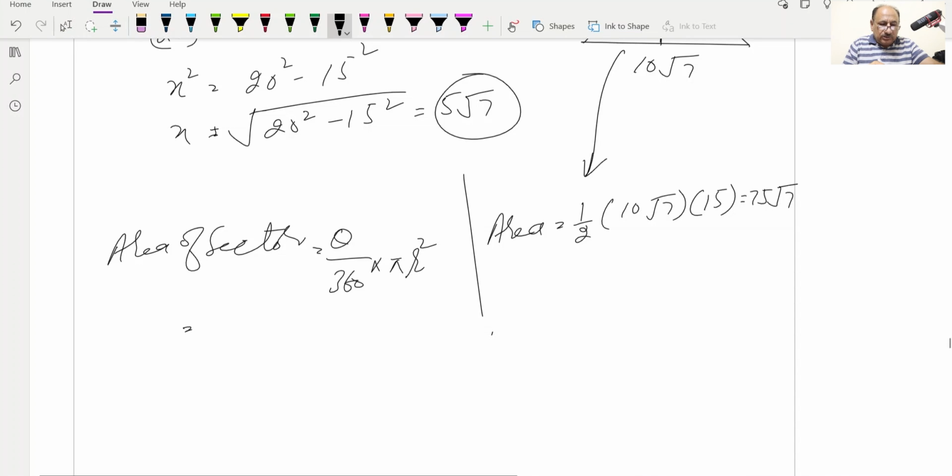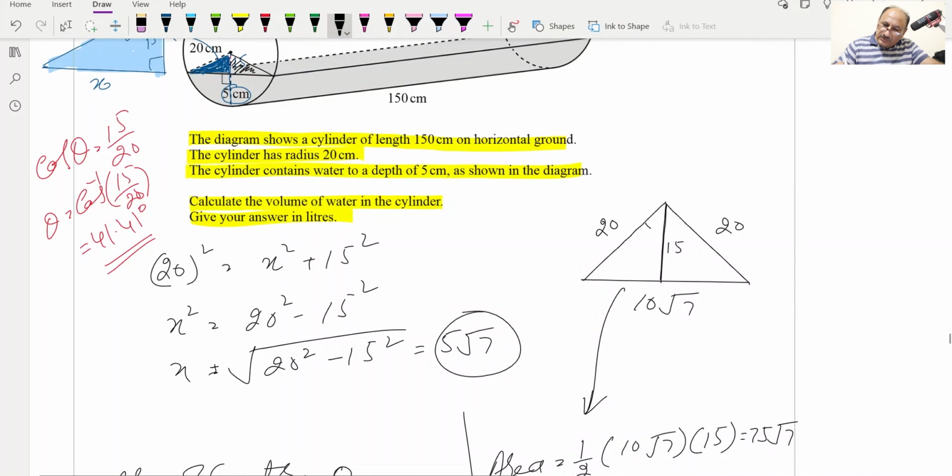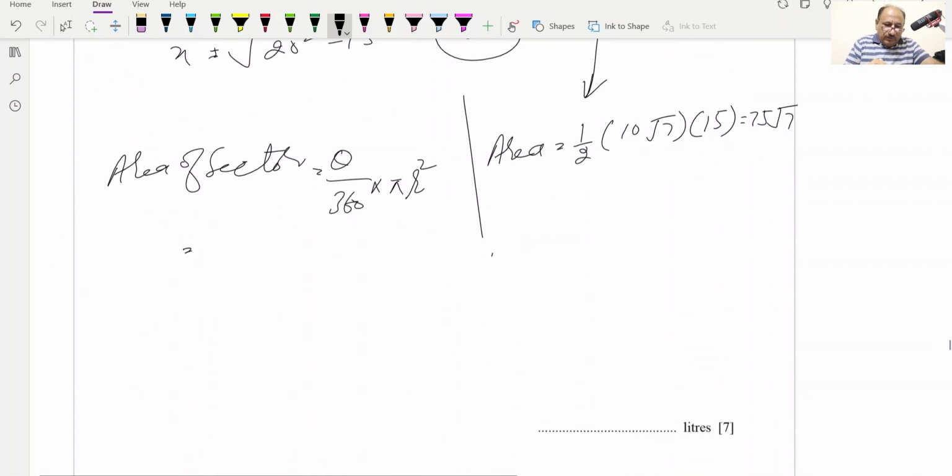So we can write double of theta, because this angle is 41.41, so this angle is also 41.41. The combined angle will be 82.82. Hopefully you understood why we are writing this. So 82.82 over 360 into pi r squared, where r is 20, so 20 squared.